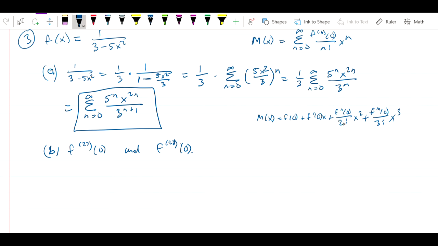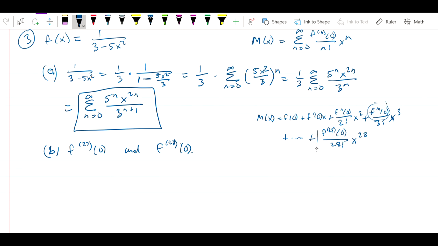So take a look at this. The nth derivative, in this case the third derivative, is always part of the coefficient attached to the nth power. So it makes sense that if I keep going, I'm going to get some term that looks like f 28 of 0 over 28 factorial x to the 28.